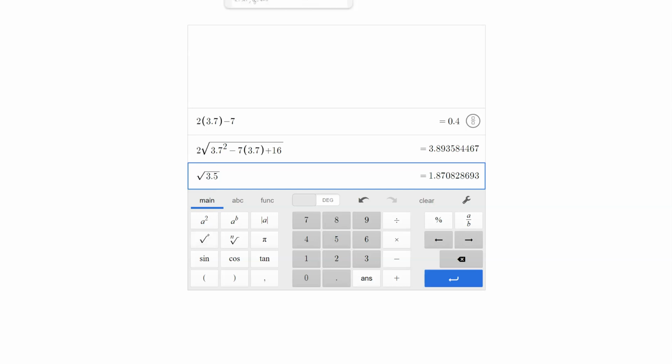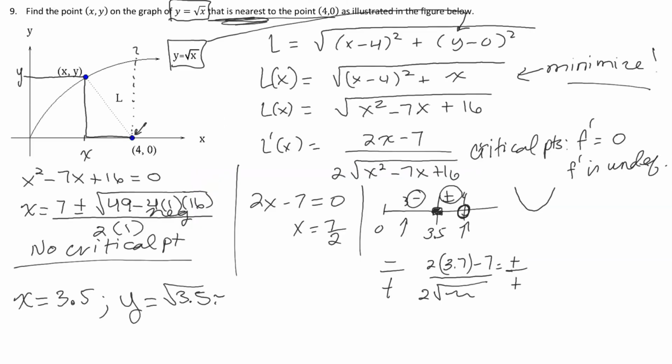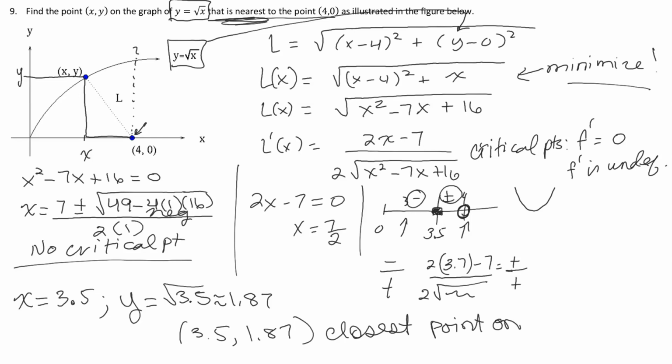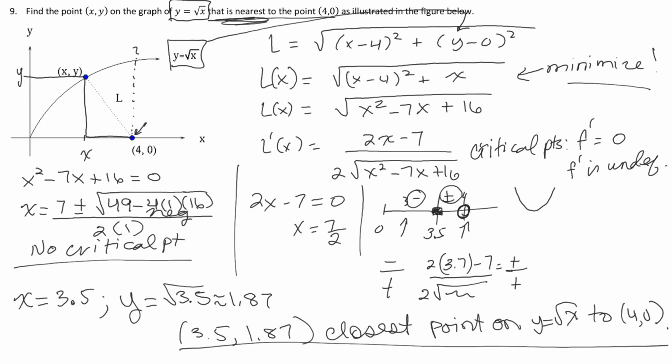So our point is approximately (3.5, 1.87). And there we go. That point right there is the closest point on y equals square root of x to (4, 0). And that is it.